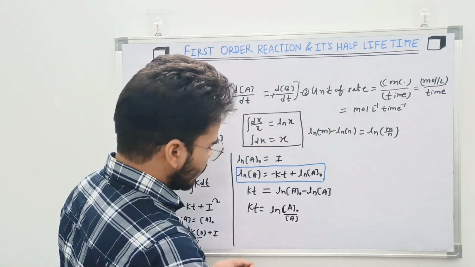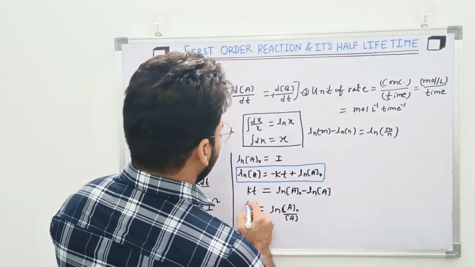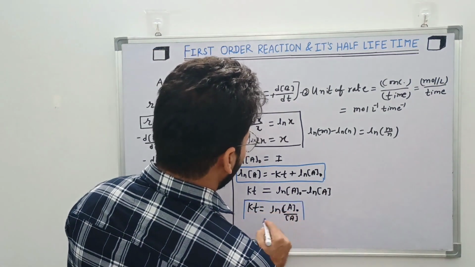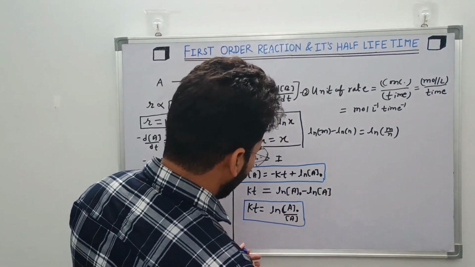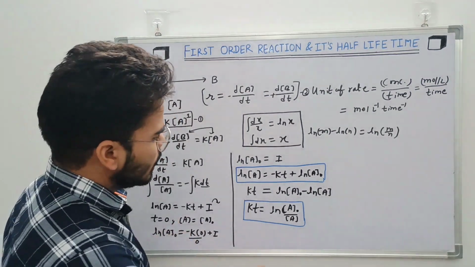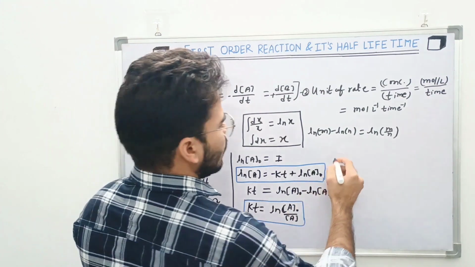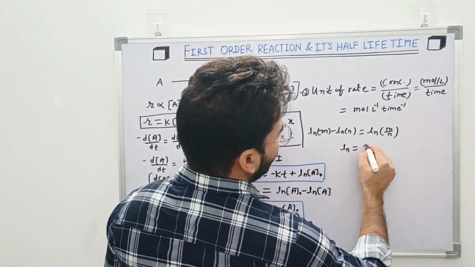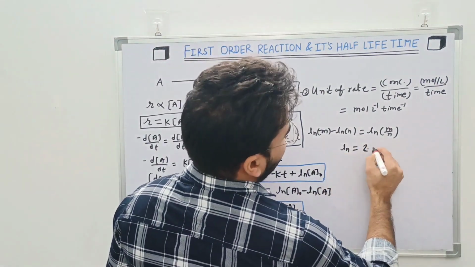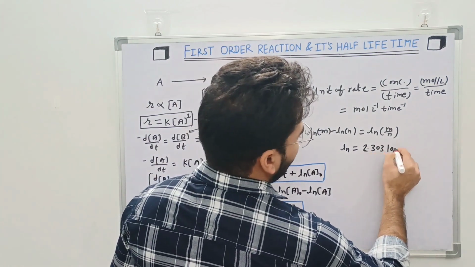We can also write this expression in another form. When we change natural log into log base 10, we have to multiply by 2.303 into log.